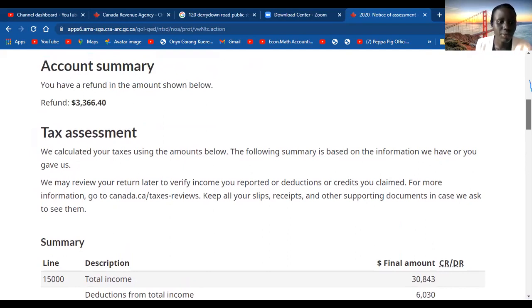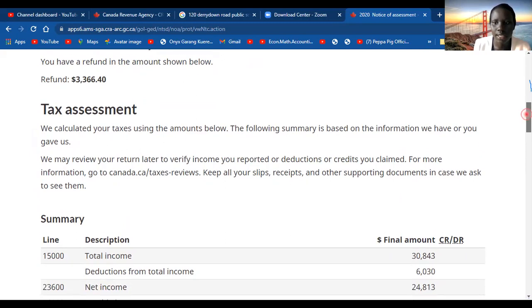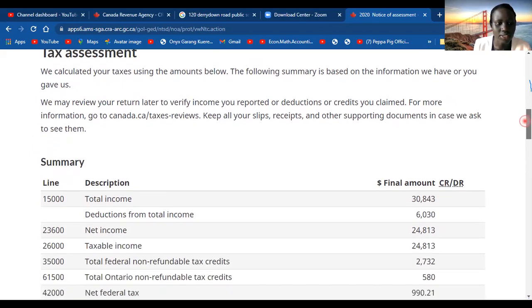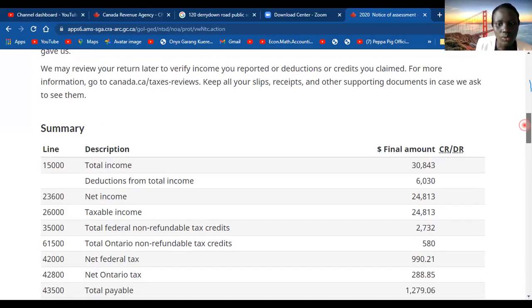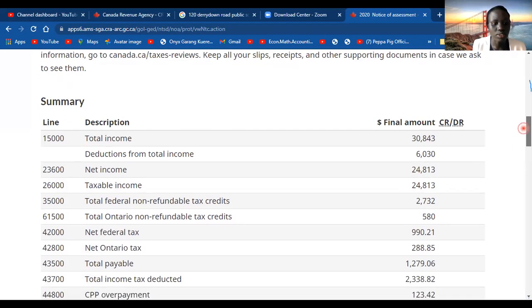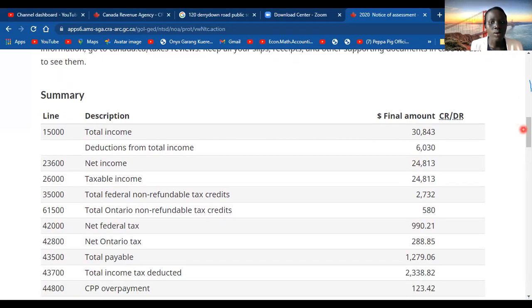For me, I had a refund of 3,366, direct deposit to my account for the tax return, and the other part was to become installments every other month. So here we need to determine how RRSP helps you save tax. So it's part of this topic too.